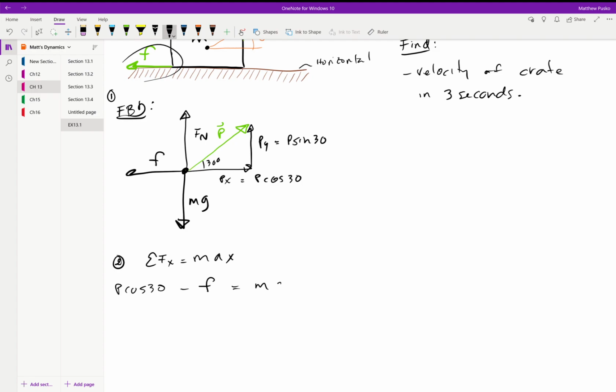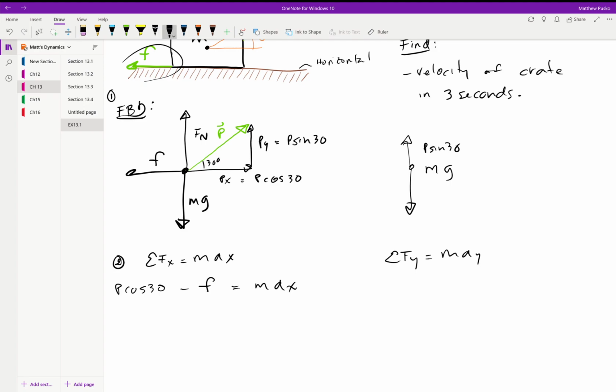And that equals mass times the acceleration in the x direction. If I sum the forces in the y direction, I get mass times the acceleration in the y. What we should really do is compare mg, which points down, with the component up, Py, or P sine 30.